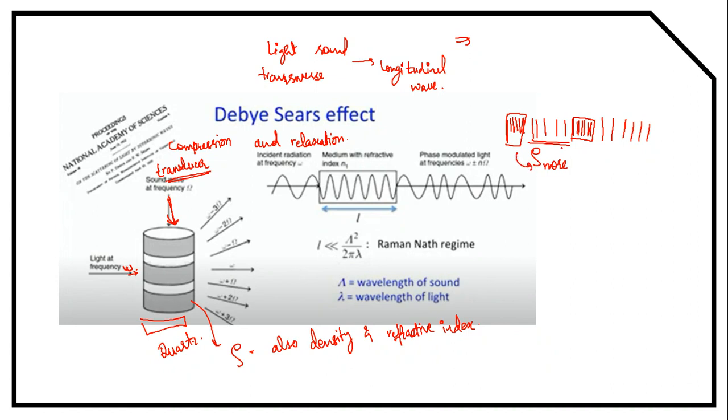So in this case density is more, in this case density is less. When the density varies like this, the part which is gray has a higher density, and the part which is white has a lower density.